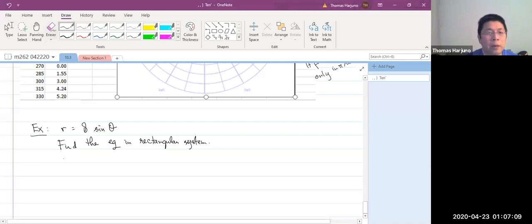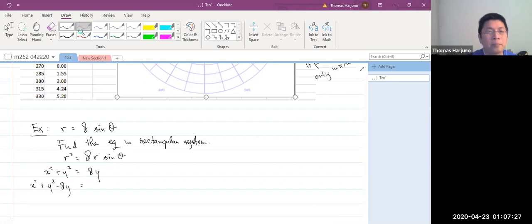Okay, I multiply both sides by r. I get x squared plus y squared equals to 8y. Move it to the left hand side. And then what do I need to add? 16.